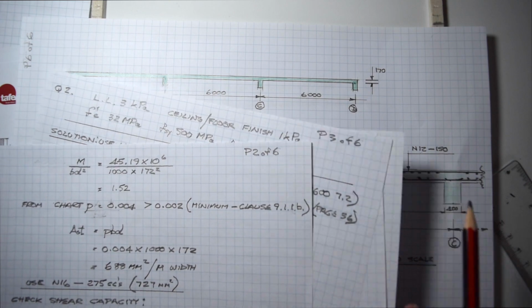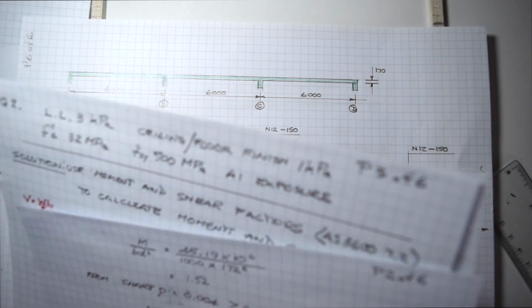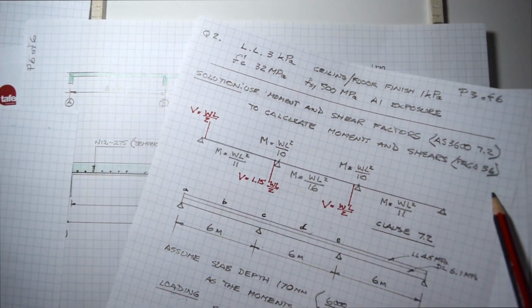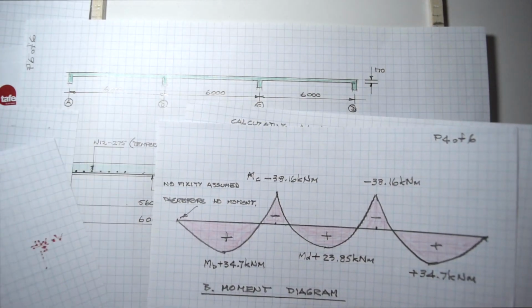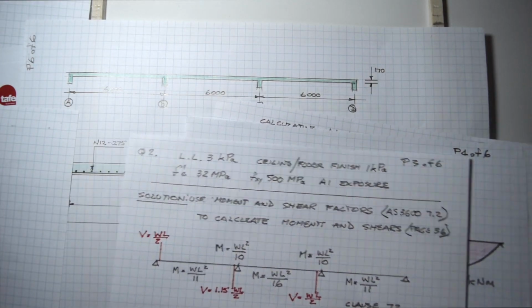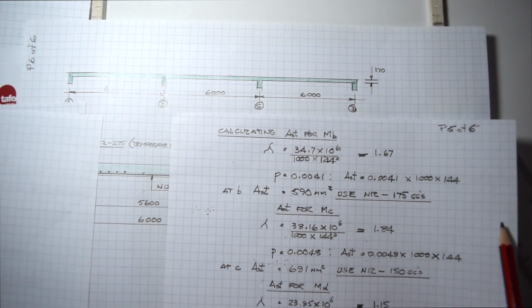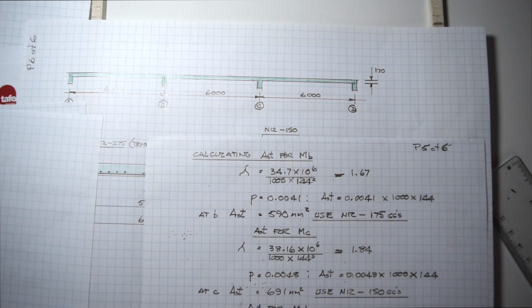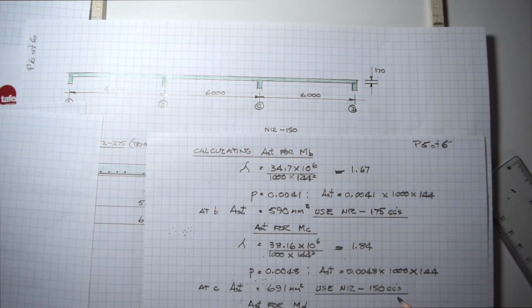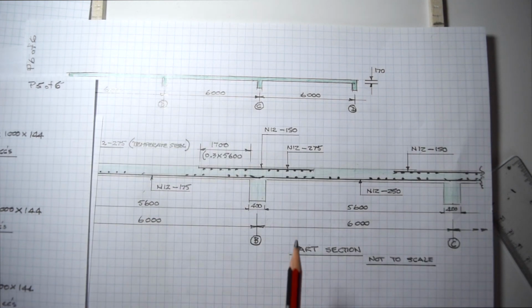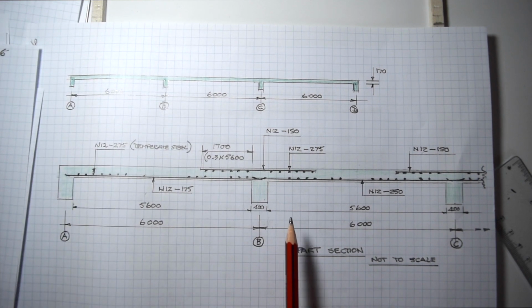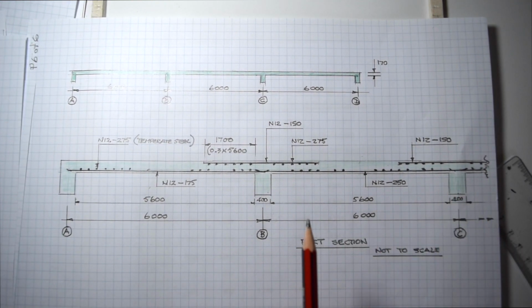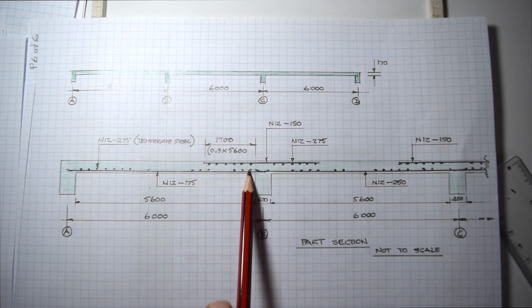No, I was wrong there. It is N12s at 175. That's your main bars.